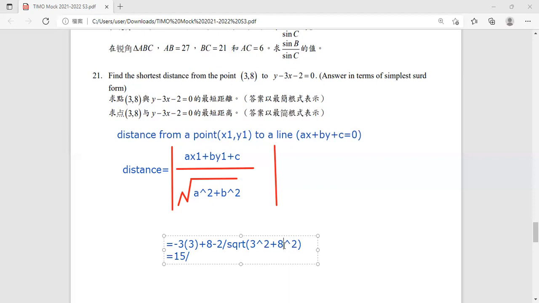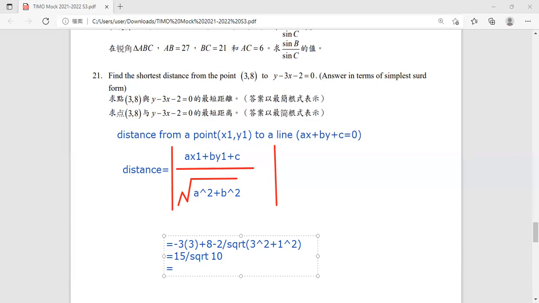My bad. Then you just rationalize the denominator.